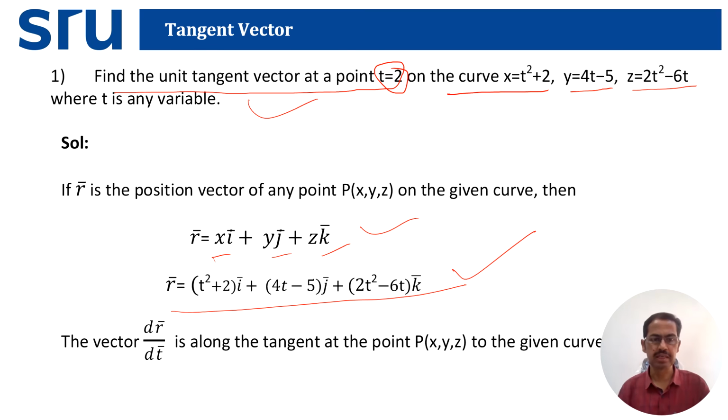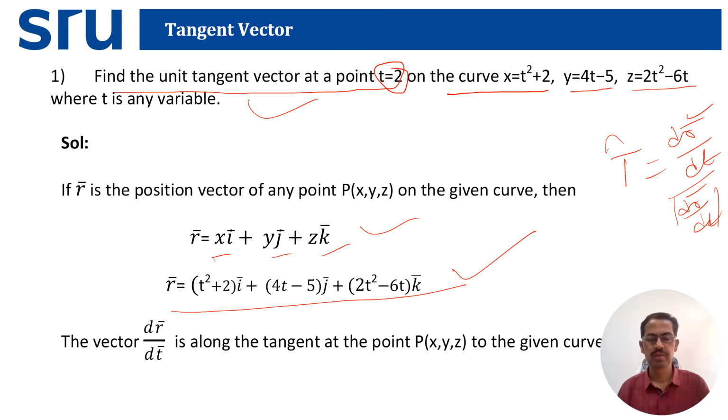Then differentiate with respect to t. The definition of the unit tangent vector is t cap equal to dr bar by dt divided by the magnitude of dr bar by dt. First write the position vector, then differentiate with respect to t and take the magnitude of that.